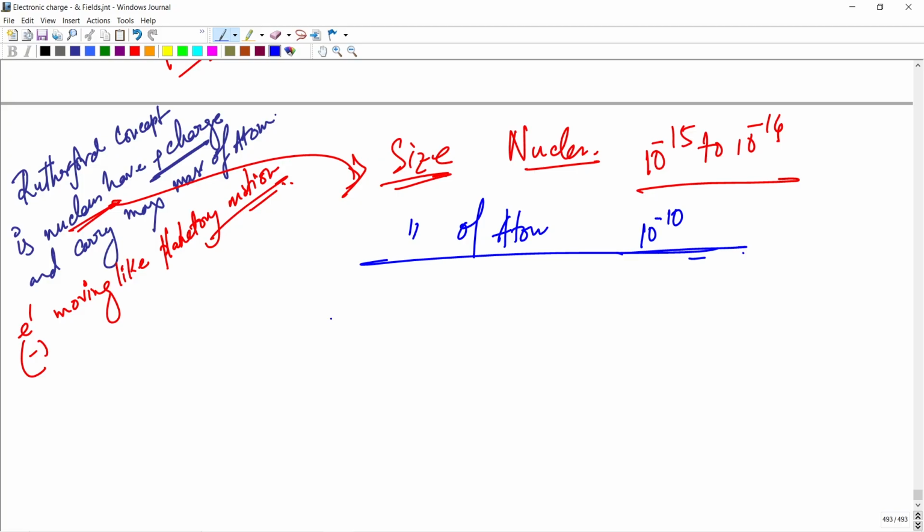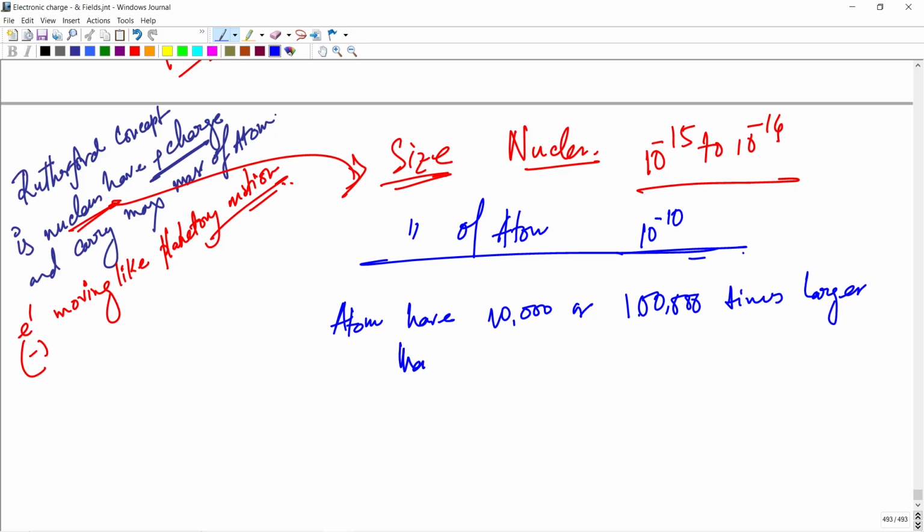So the atom is 10,000 or 1 lakh, or 100,000, times larger than the nucleus.